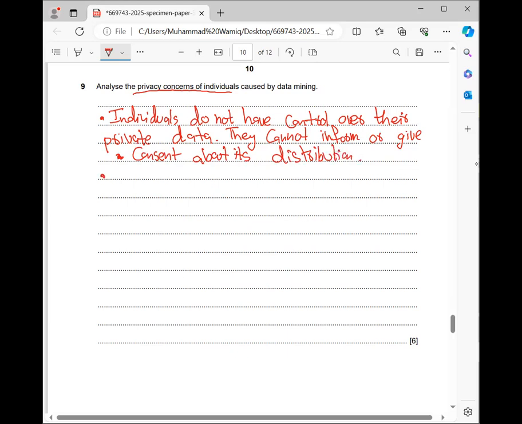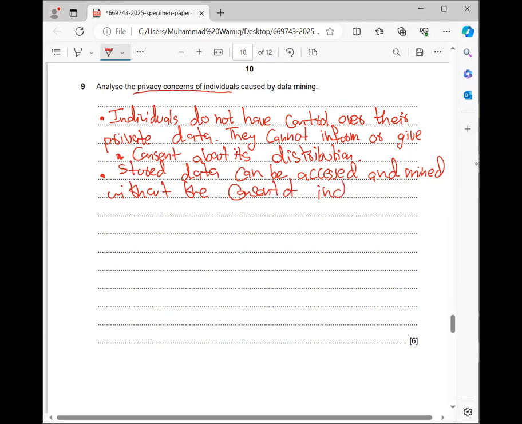The second part is that your stored data can be accessed and mined without the consent of individuals.